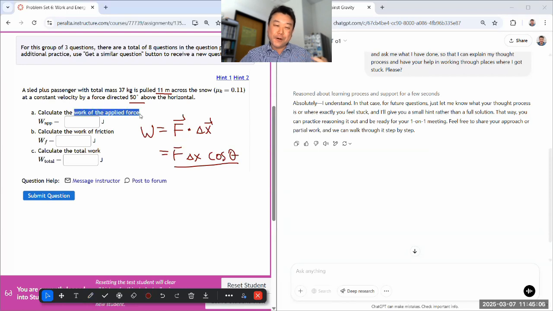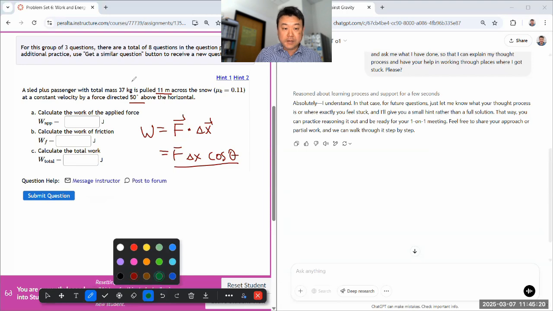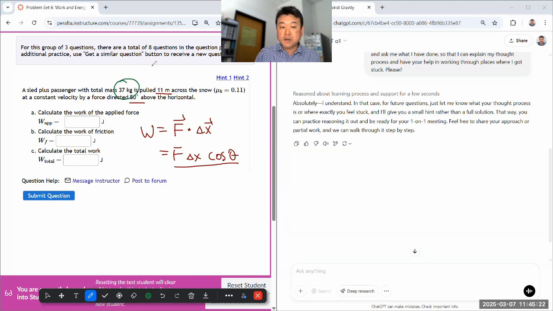So for the work of the applied force, as you are trying to apply the definition, you should realize that they didn't give you the applied force. Now, I've seen students try this. Sometimes the student will guess. The only other force that's here is going to come from this, so maybe F is equal to mg.